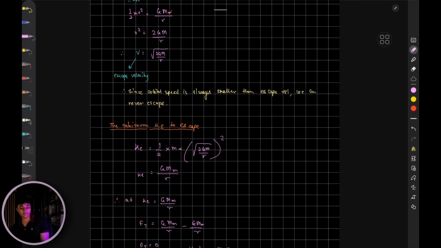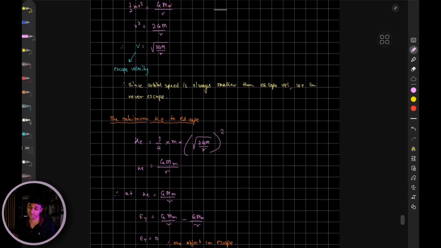So we know the escape velocity that the satellite needs to be free from Earth's gravitational fields, but we know it will never be able to achieve that. However, we can find out the kinetic energy it needs, because we know the velocity it needs. We know the formula for KE is half mv squared. Velocity is root over 2GM by r.